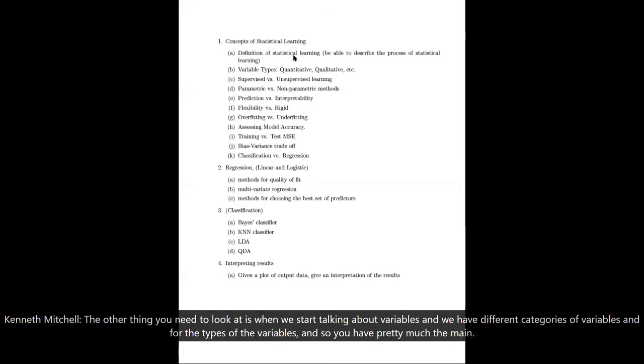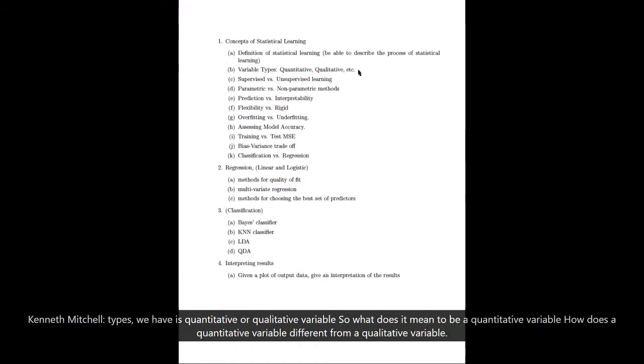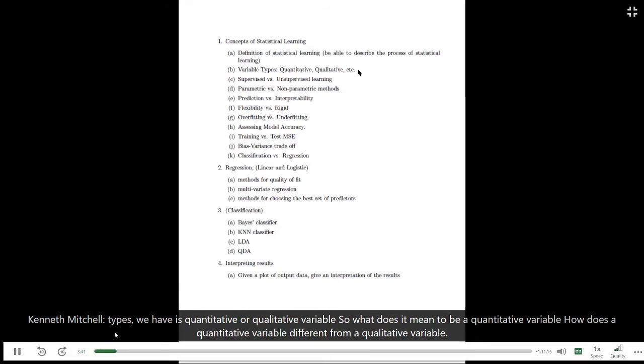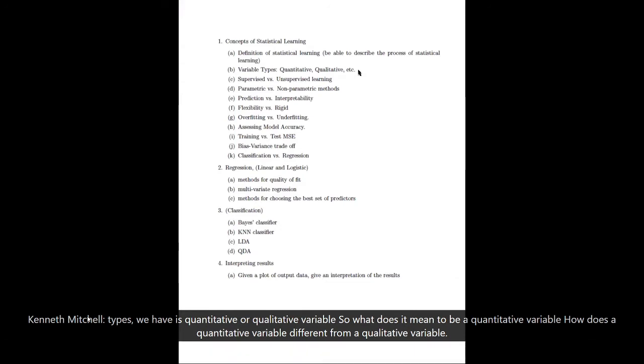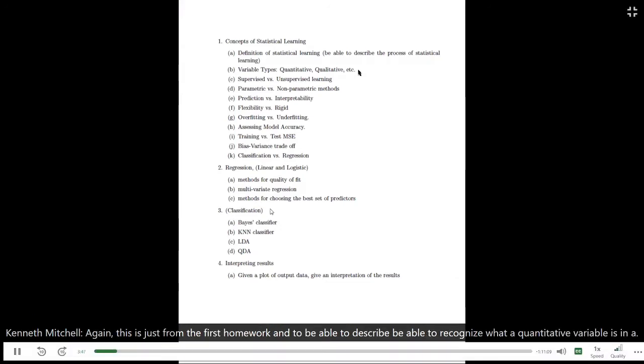The other thing you need to look at is when we start talking about variables, and we have different categories and types of variables. The main types we have are quantitative or qualitative variables. So what does it mean to be a quantitative variable? How does a quantitative variable differ from a qualitative variable? Again, this is just from the first homework.